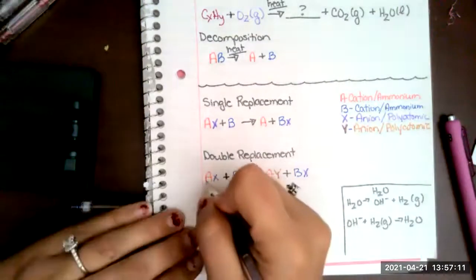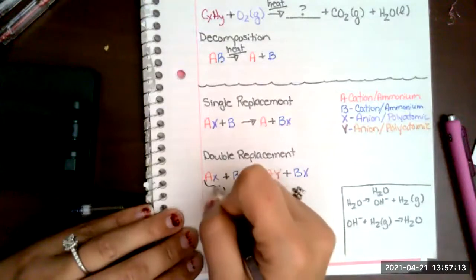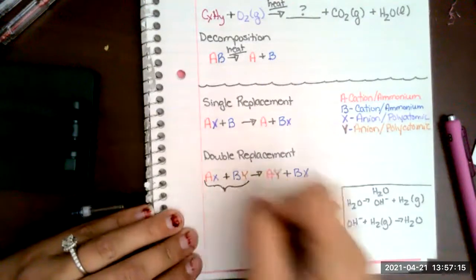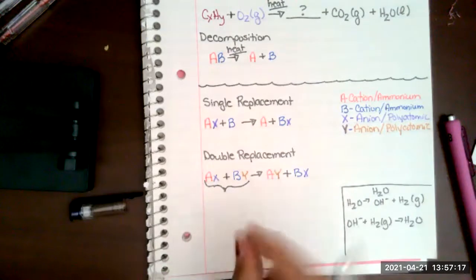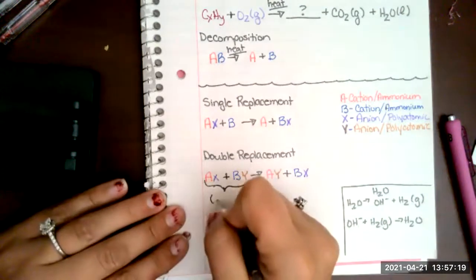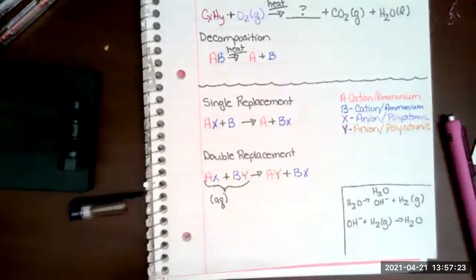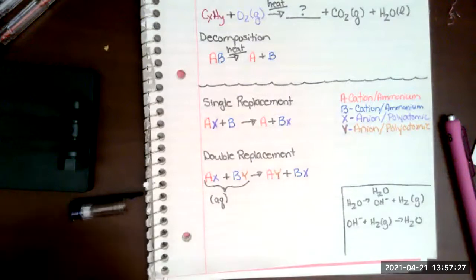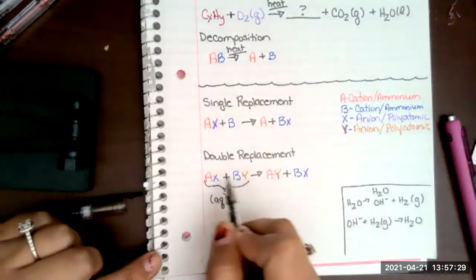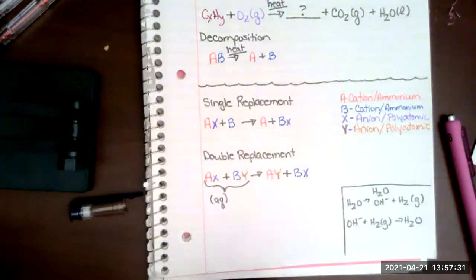Now, over on the reactant side, these are more than likely going to be aqueous. Because when they're added to aqueous solutions, that allows the ions to break apart and reassemble. So both of these solutions will probably be aqueous.